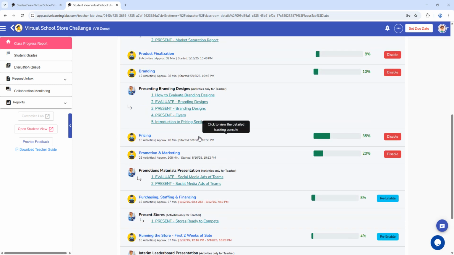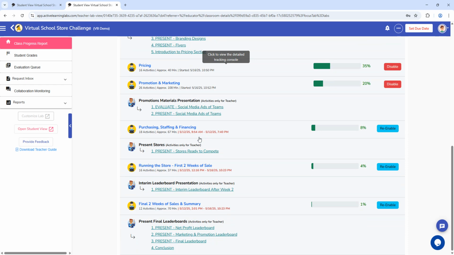So we just have two evaluate activities and 5 or 6 present activities for the teacher. And teachers just need to make sure that the classroom is functioning properly, teams are collaborating properly, and they know what they are doing. So it's a minimal effort on the teacher.